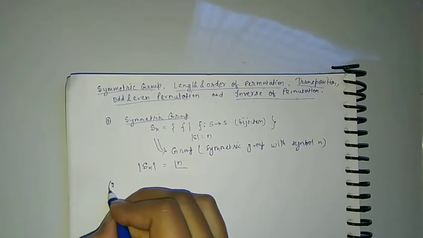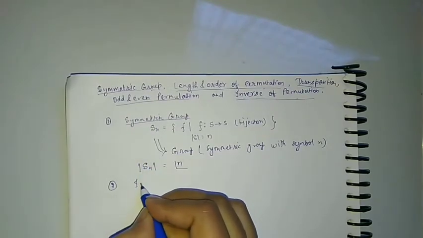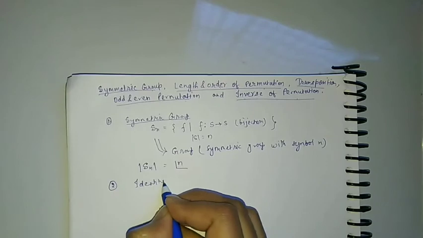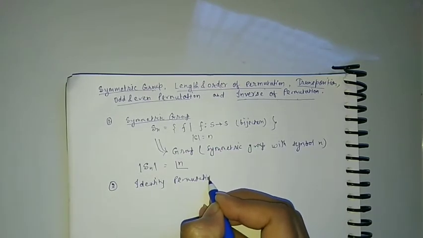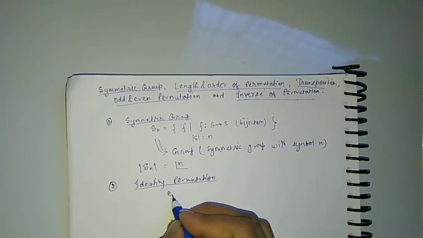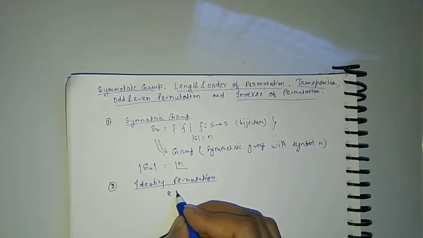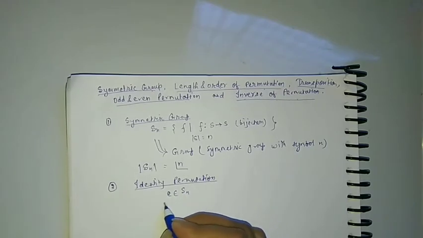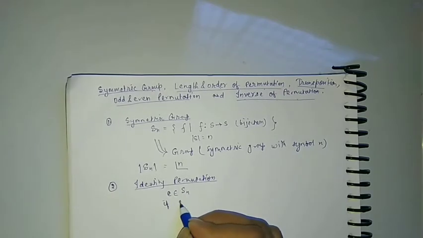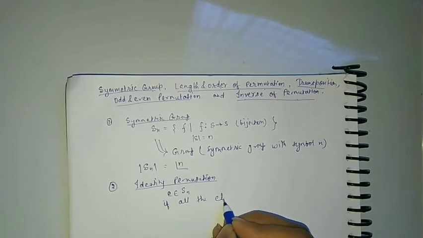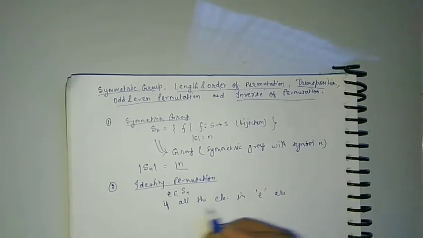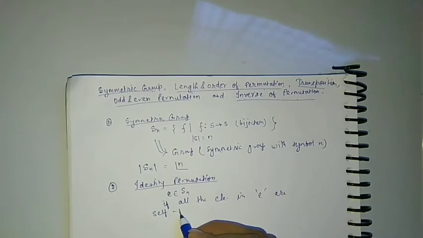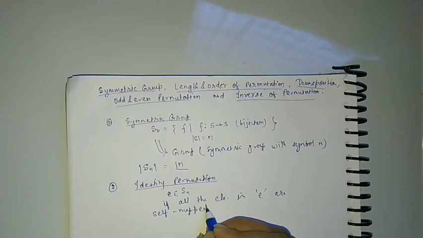Now we will see what the identity permutation is on this group. Let E be the identity element on Sn if all the elements in this permutation E are self-mapped, that is, each element is mapped to itself.